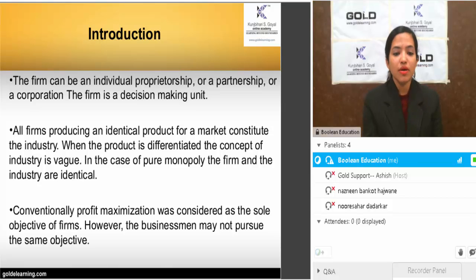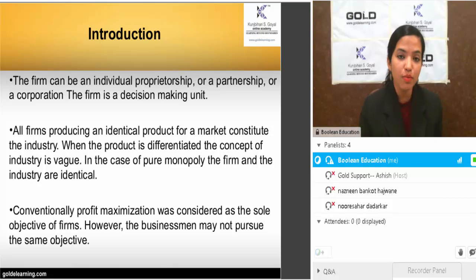Conventionally, profit maximization was considered the sole objective of a firm. However, the businessman may not pursue the same objective. As we already spoke about it, as per the old or classical economists, profit maximization is the only or sole objective of any firm, right?